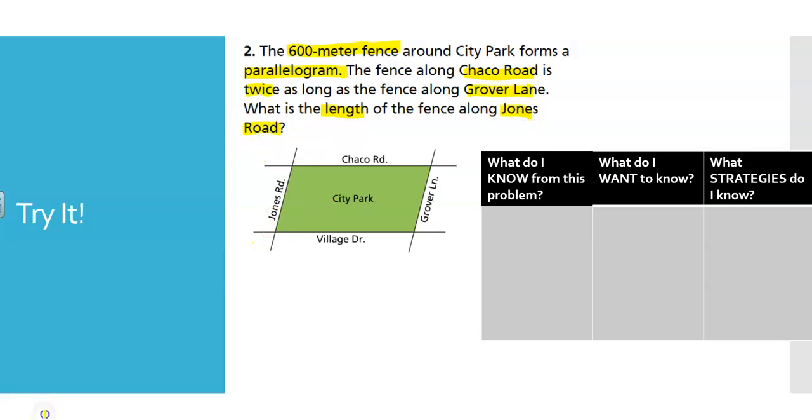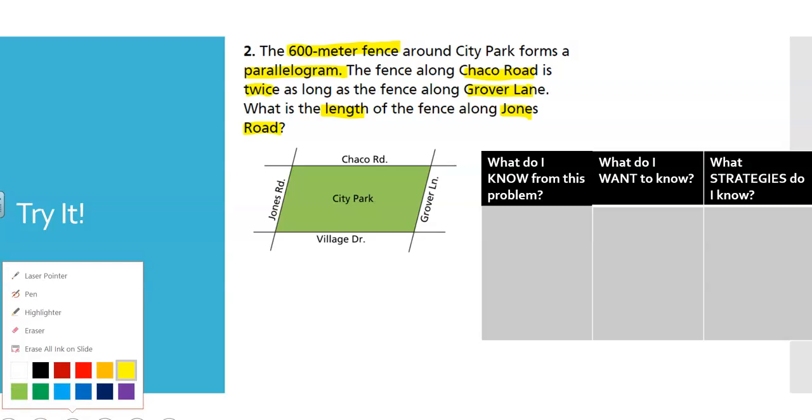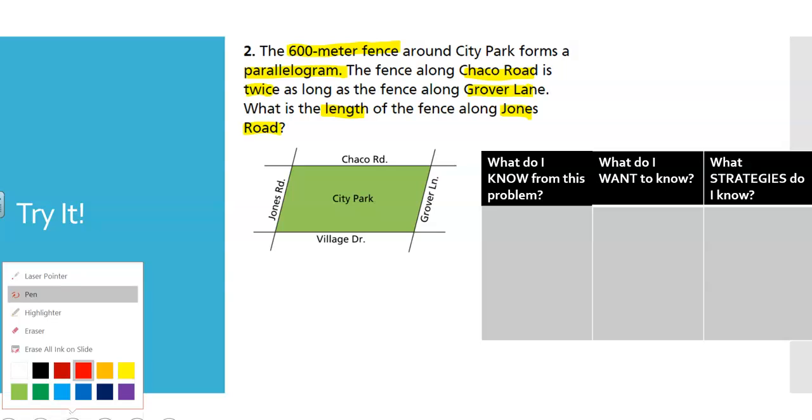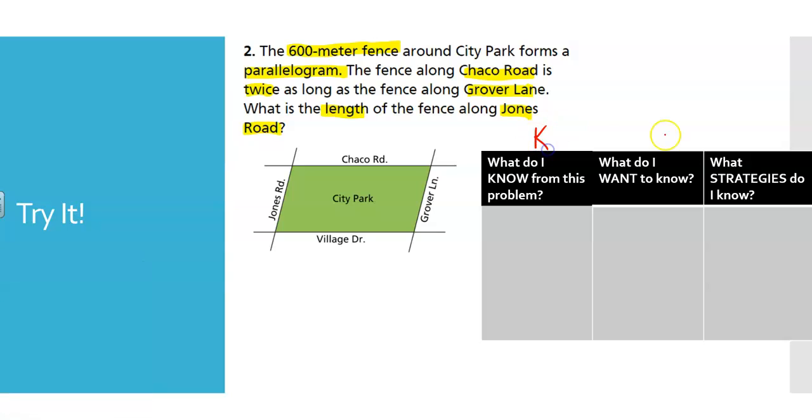Now I do that because that information seemed like it's probably important, and I need to be able to do something with it. So I have a chart here, and it's called a KWS chart. You've probably seen it. You might even call it something a little different. But the first thing is I would write in everything I know.